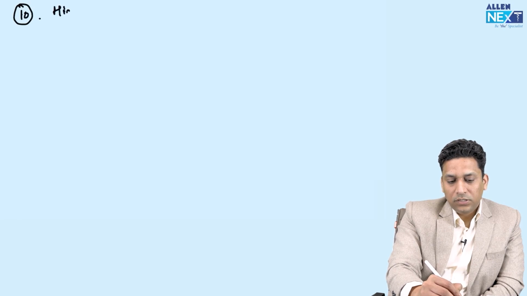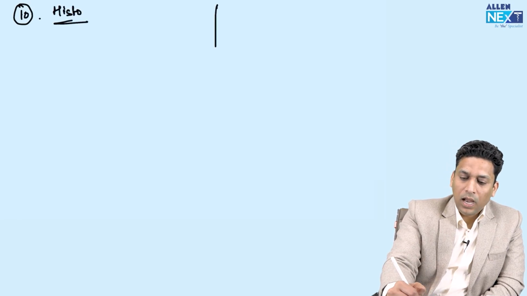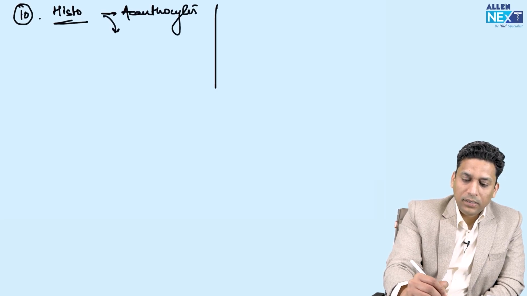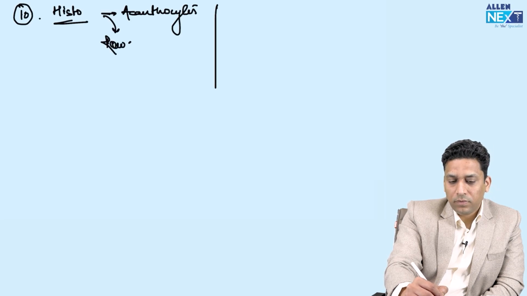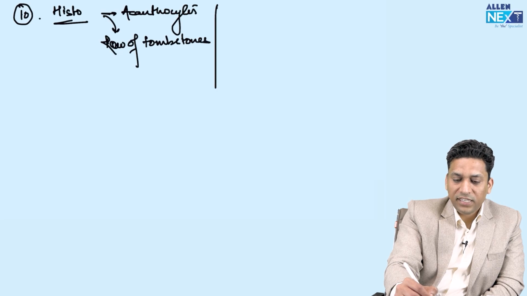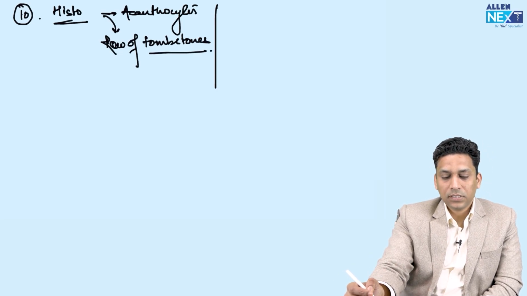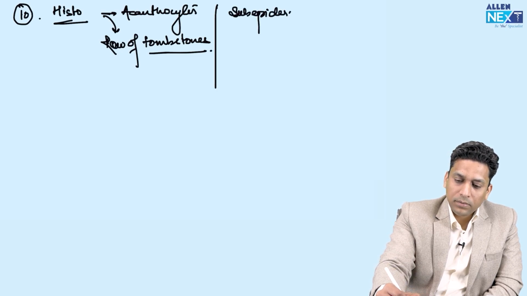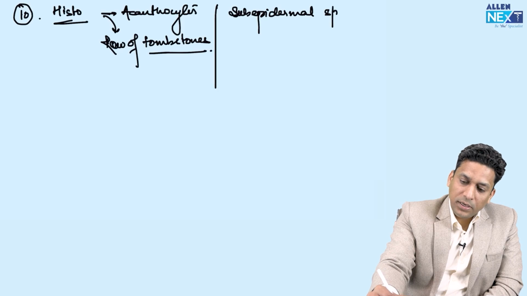If you do histology, I already told you that acantholytic cells are seen and a row of tombstones appearance is seen. I already explained what that is in pemphigus. But in pemphigoid, a subepidermal split occurs.